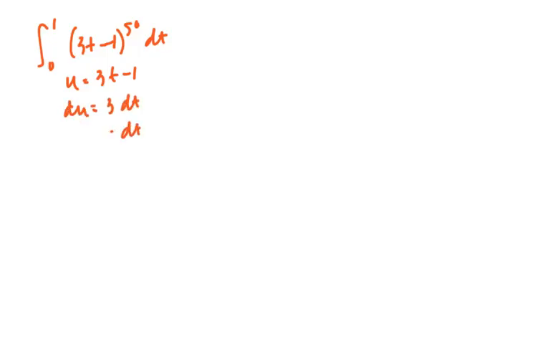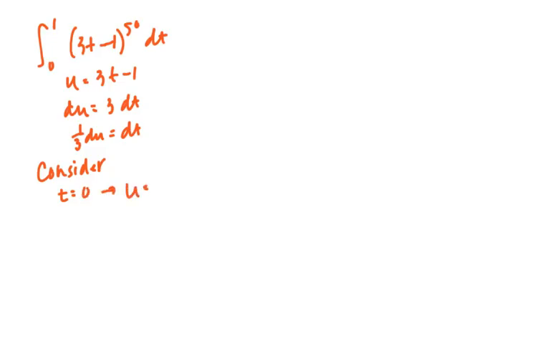We're going to look at the same problem from 0 to 1, and we have (3t minus 1) to the 50th dt. So we're going to let u equal 3t minus 1, and du equals 3 dt, and dt equals 1/3 du. Now here's the difference. Because we changed everything to u, we're going to consider t equals 0.